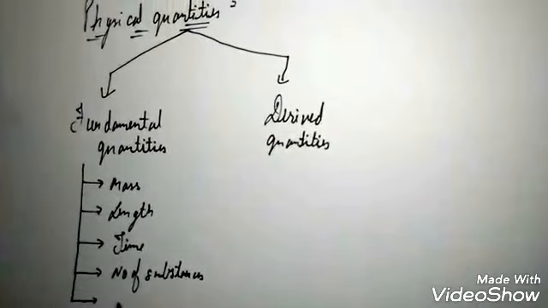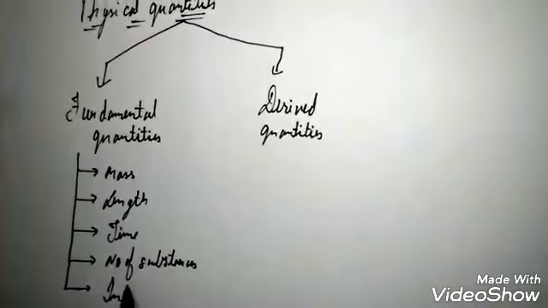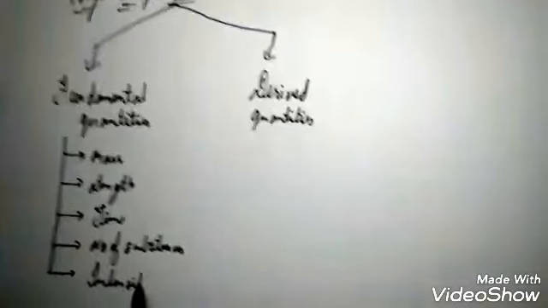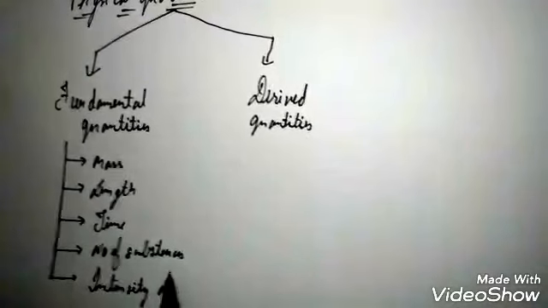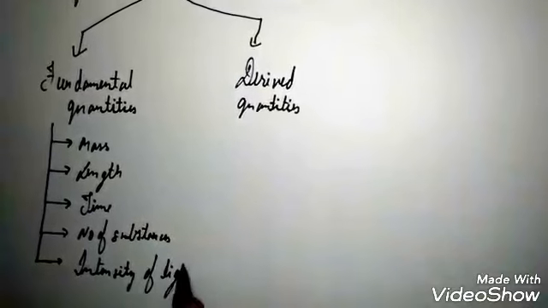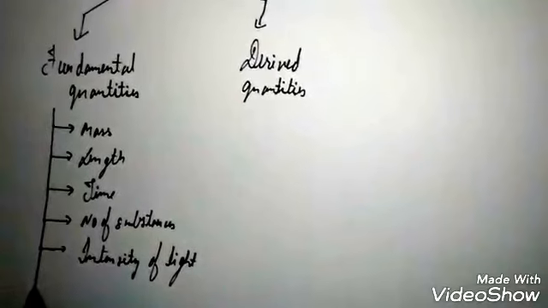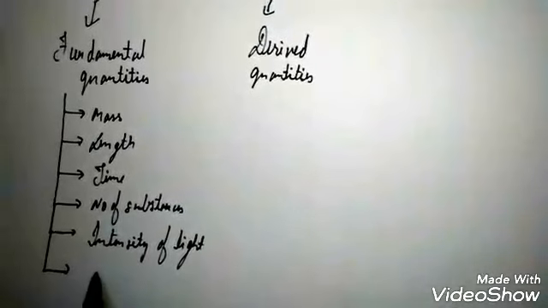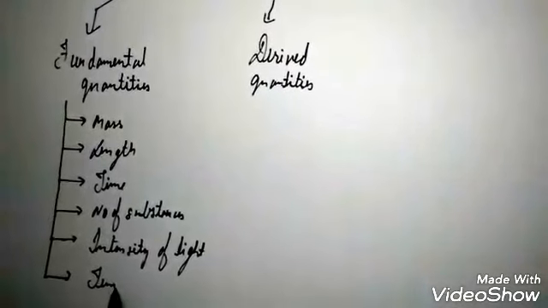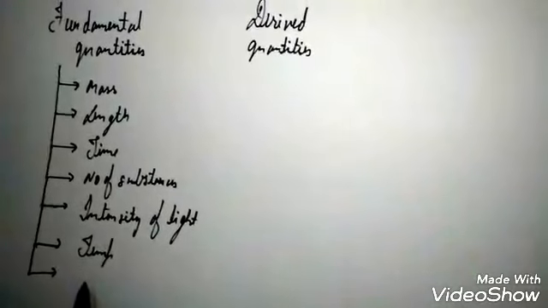Fifth one is intensity of light. Sixth one is temperature. And seventh and last is current.